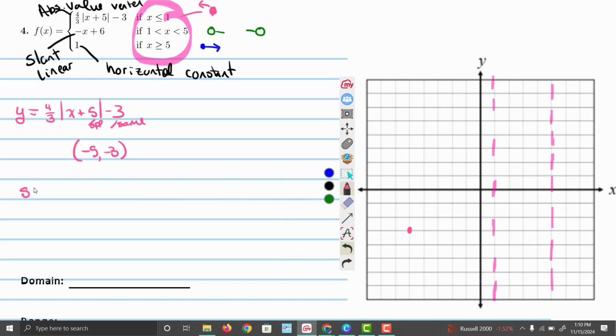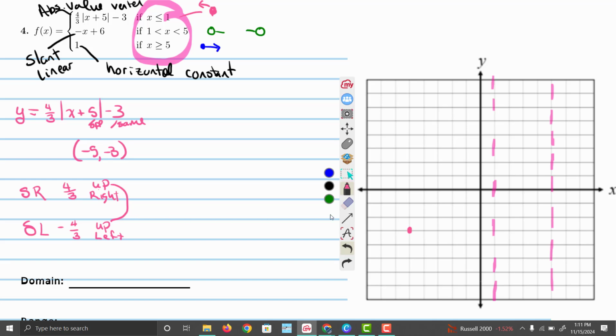Now my slope going to the right is 4/3, and it's a +3, so it's going right and up, or +4/3. And our slope going left, we change the sign to -4/3. I'm going left, which takes care of the negative, and so I'm still going up.